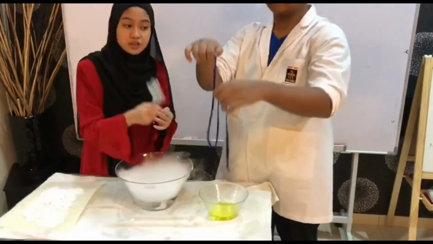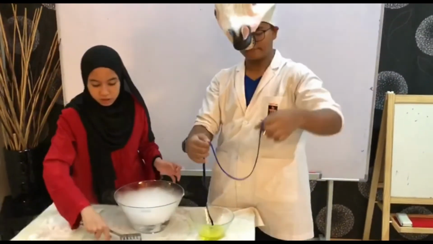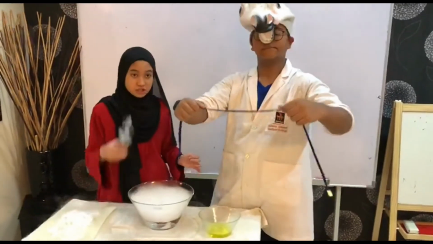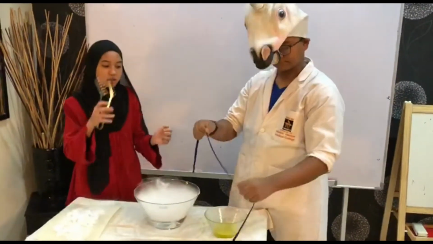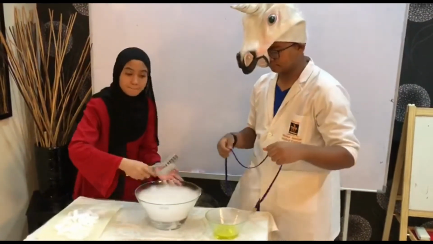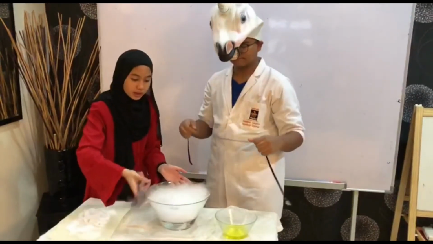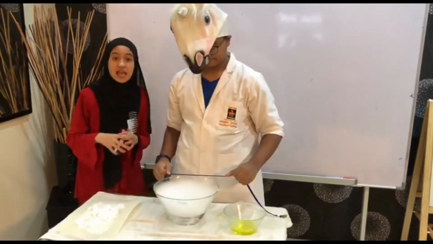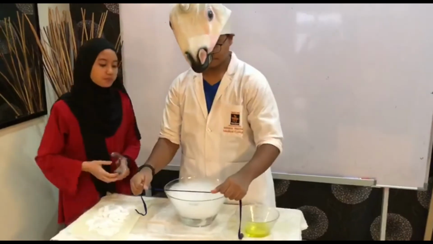And then you're gonna stretch the lace like what Shafi is going to do. Then you take the lace and move it back and forth many times until a layer of thin foam is formed.